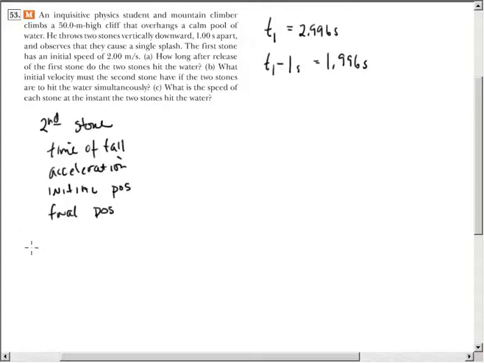Once again, we can go back to the following equation. Final height equal to the initial height plus the initial velocity times the time of fall plus 1/2 a t squared, where of course now VIY is our unknown for the second particle.